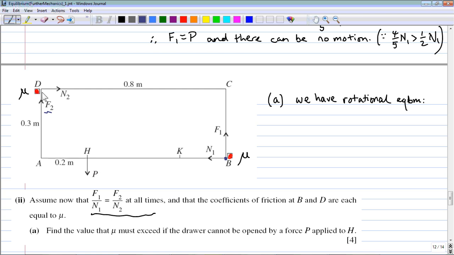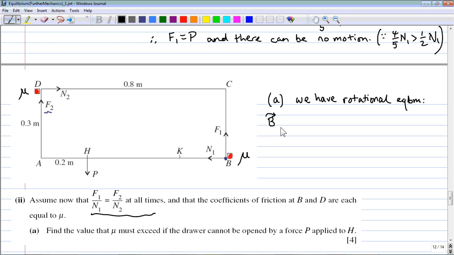If I chose D, I would have again 3 forces with non-zero moments, and if I choose B, I have 3 forces with non-zero moments. So it probably makes almost no difference which of those 3 pivots I choose. If I chose some other random point, the equation would be more complicated. So let's choose B again, although it's not a requirement.